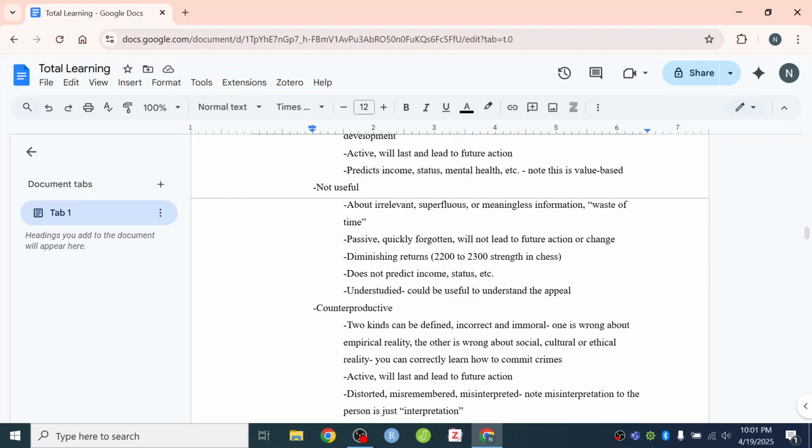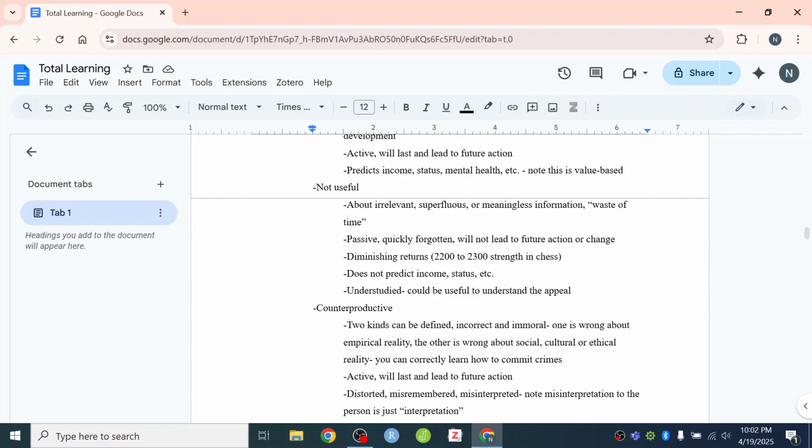And the other is wrong about social, cultural, or ethical reality. You can correctly learn how to commit crimes. You can correctly learn how to make meth out of assorted convenience store products. But we might consider that kind of learning, though it is accurate to empirical reality, to be counterproductive. Counterproductive learning, unlike useless or not useful learning, is often active and it will often last and lead to future action.